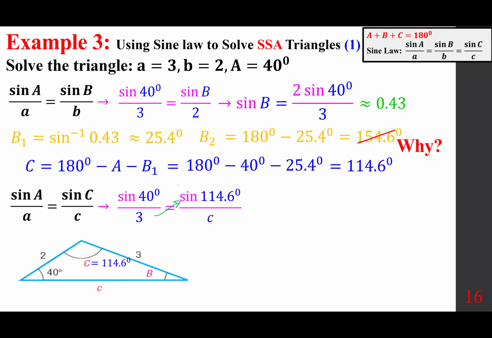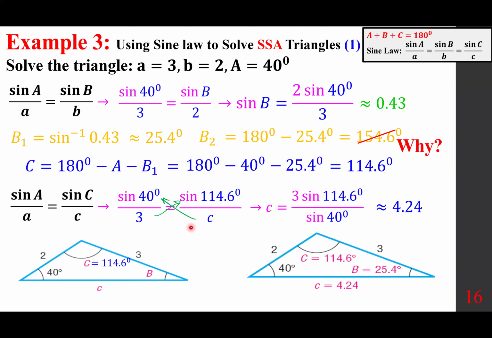Cross product. 3 times sine of 114.6 equals c times sine of 40, which means c is the product of these two divided by sine 40. Again, plug it into the calculator: 3 times sine of 114.6 divided by sine of 40 degrees. That gives you 4.24.